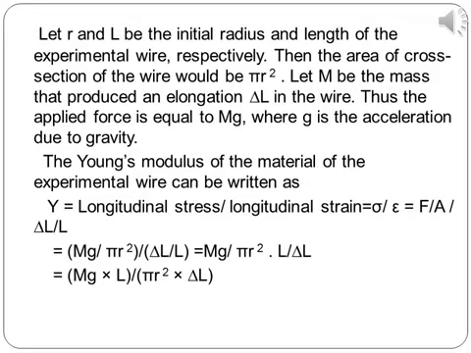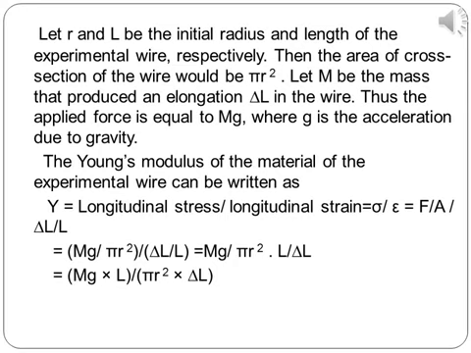Here we have applied the external force to the experimental wire to increase its length. Let it be F, which is equal to M into G, where G is the acceleration due to gravity. Then how can we calculate the Young's modulus of the material of this experimental wire?